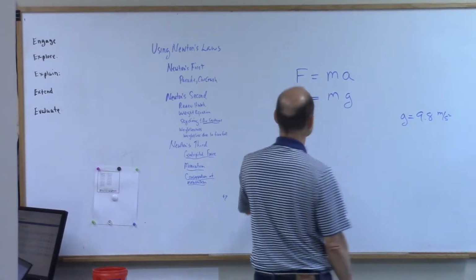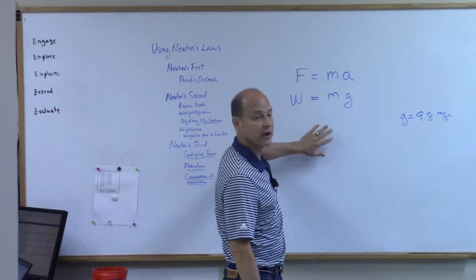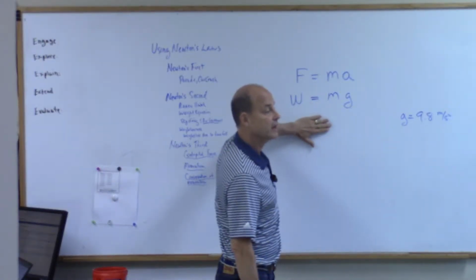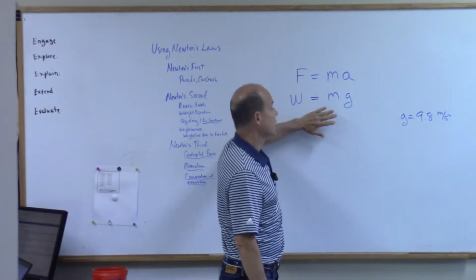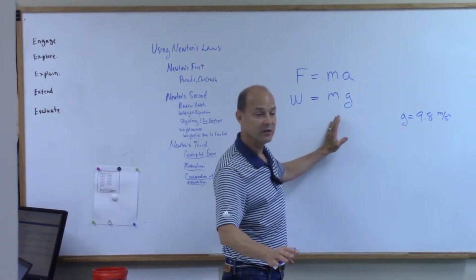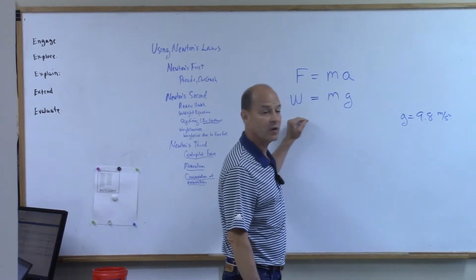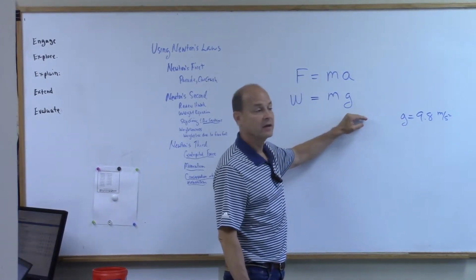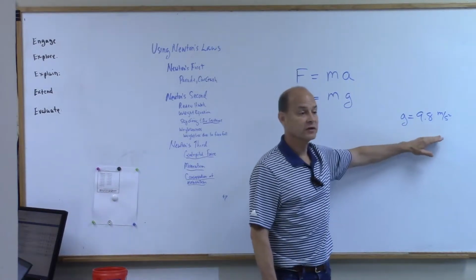I'm going to jump right into that, but I want to make sure everybody understands the weight equation. So if you're asked for a weight and you're given a mass, but you're not given anything else, you're supposed to automatically know that if we're talking about weight, we're talking about your mass times the acceleration of gravity, and that acceleration is 9.8.